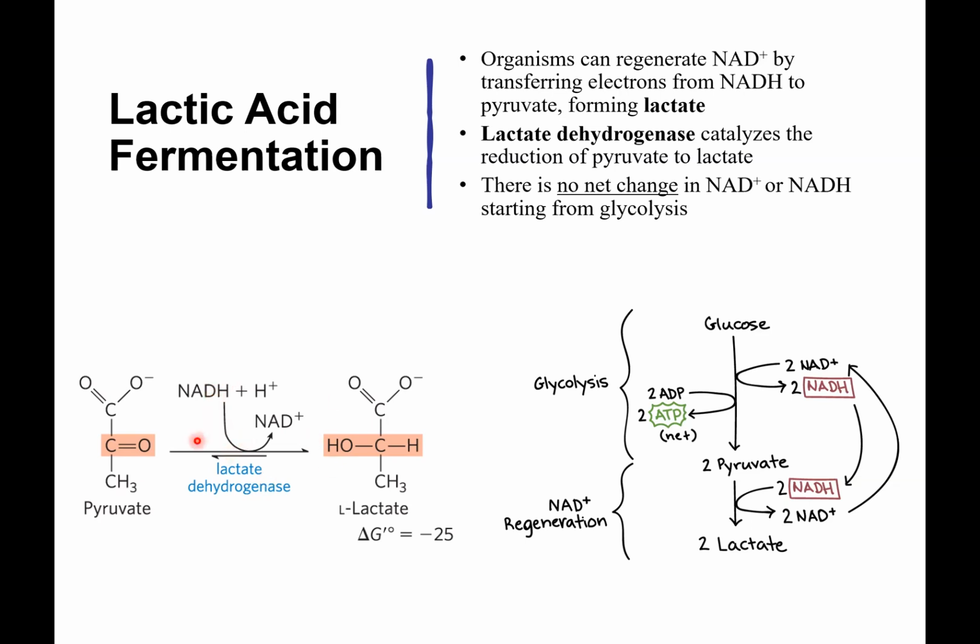But if we never regenerated any NAD+, glycolysis would come to a screeching halt, because there is a redox reaction in the payoff phase where this happens. So we need some anaerobic conversion of pyruvate in order to maintain stores of NAD+.